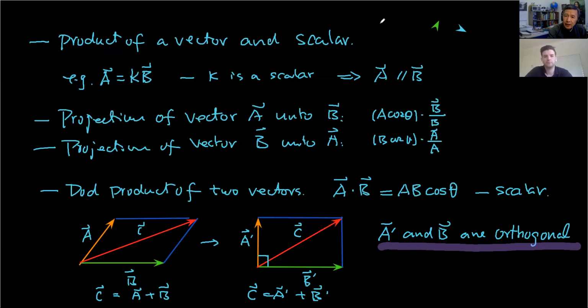Now I'll give you a test. What would be the case in this situation? What is the dot product of A and B? It will be A B cos theta. What is theta in this case?